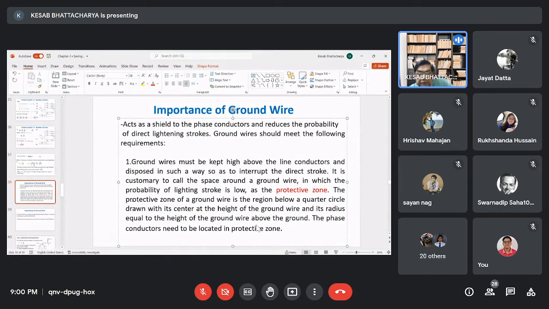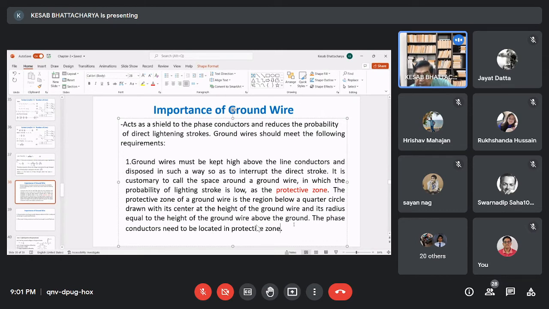The protective zone of a ground wire is the region below a quarter circle, drawn with its center at the height of the ground wire and its radius equal to the height of the ground wire above the ground. The phase conductors need to be located in the protective zone.